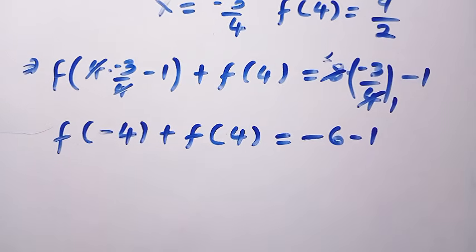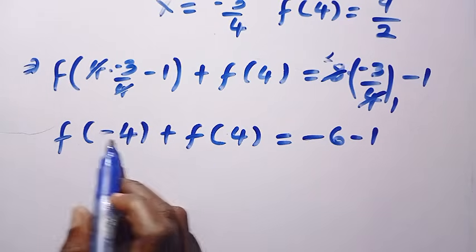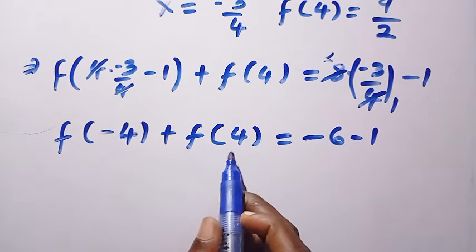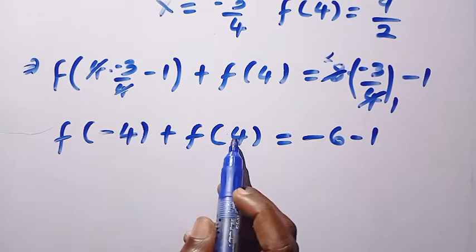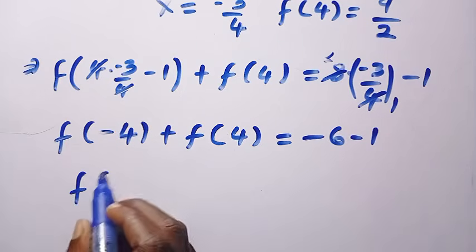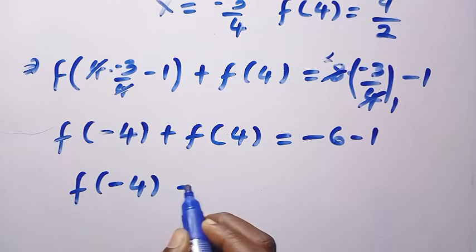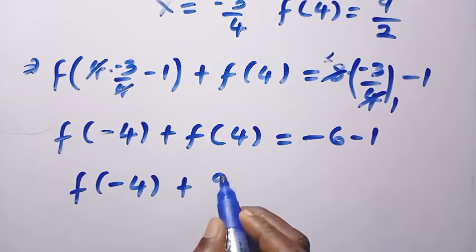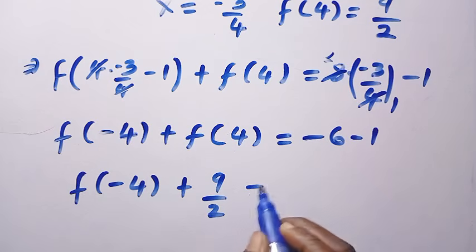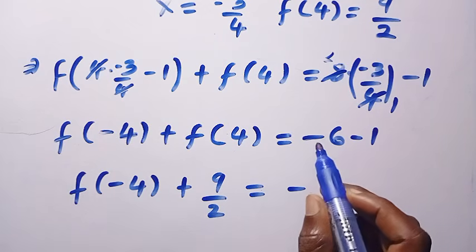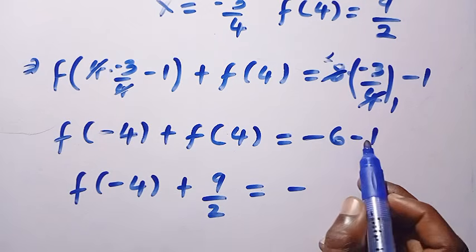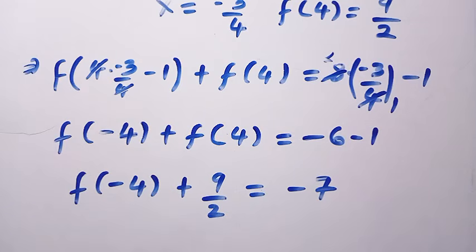Here we cannot add these because this is f of minus 4 and this is f of 4. They are different. What we can do is replace f of 4 with 9 over 2, and we get f of minus 4 plus 9 divided by 2 equals minus 6 minus 1, that is minus 7.